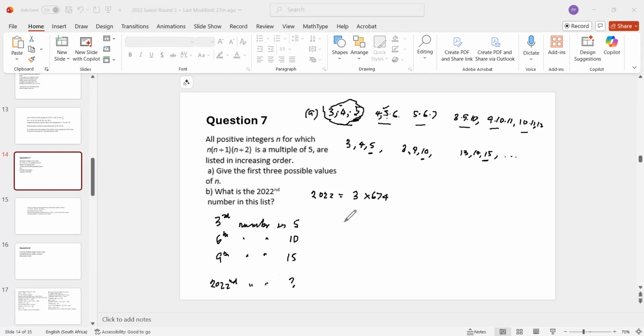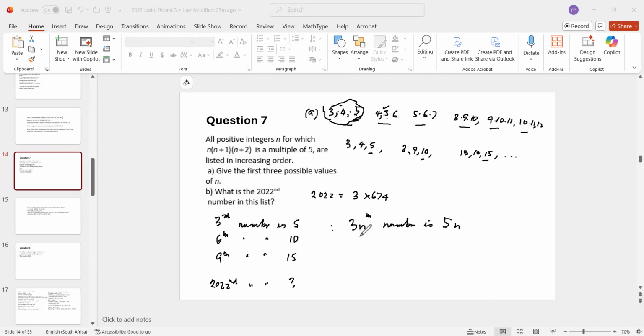Now, what's the general formula? We can say that the 3nth number, see, this is 3 times 2, 5 times 2, 3 times 3, 5 times 3. So we can say the 3nth number is 5n. See, if you put n equals 1, it works. N equals 2, you get the 6th number is 10, and so on.